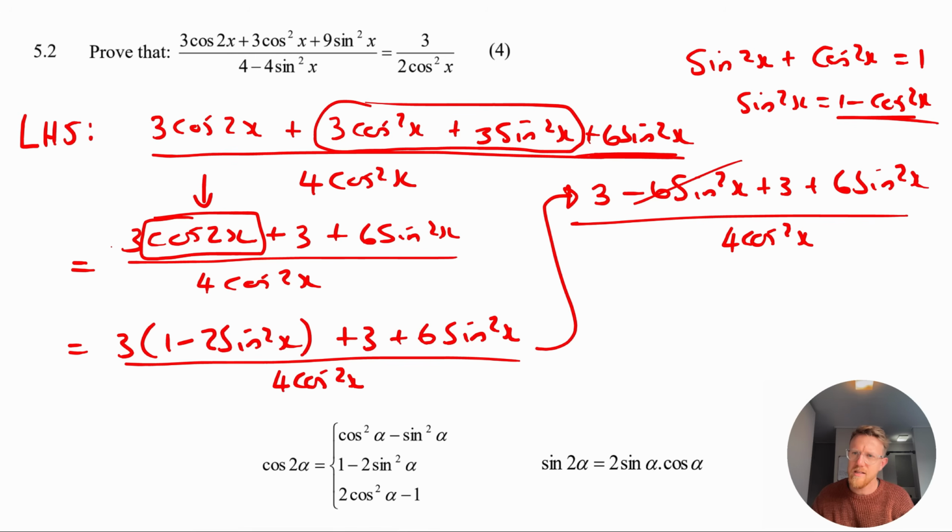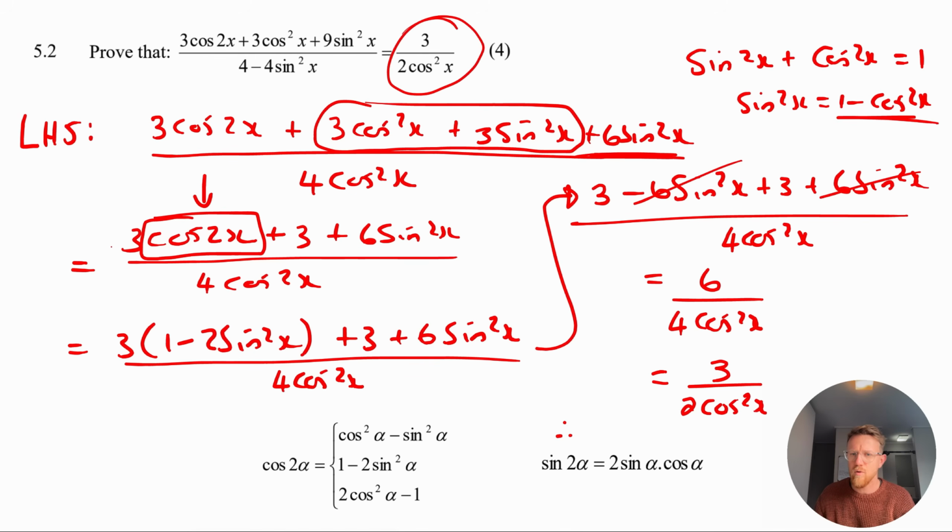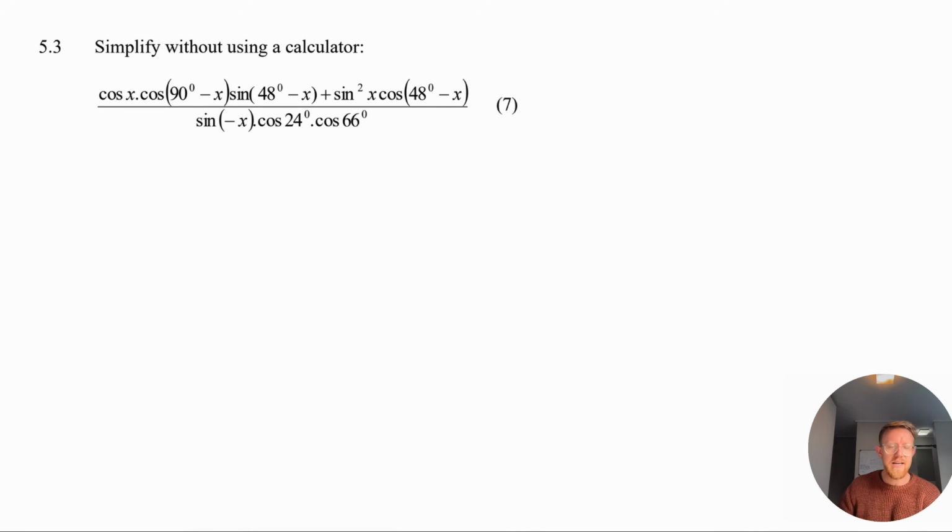Now those cancel, and so I just end up with 6 at the top and that at the bottom. If you type that on your calculator, it's 3 over 2. So we end up with 3 at the top and then a 2 at the bottom. And there we've done it. So therefore, left-hand side is the same as the right-hand side.